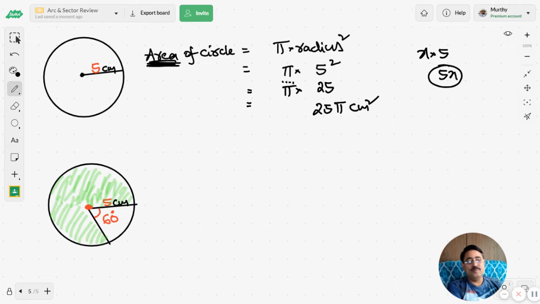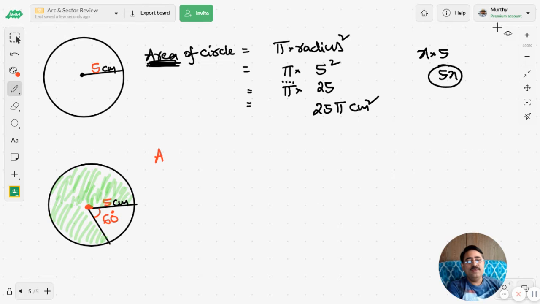Therefore, square centimeters. Now coming to the next question. You are asked to find the area of a sector. Area of a sector means it is a part of the area of a circle.